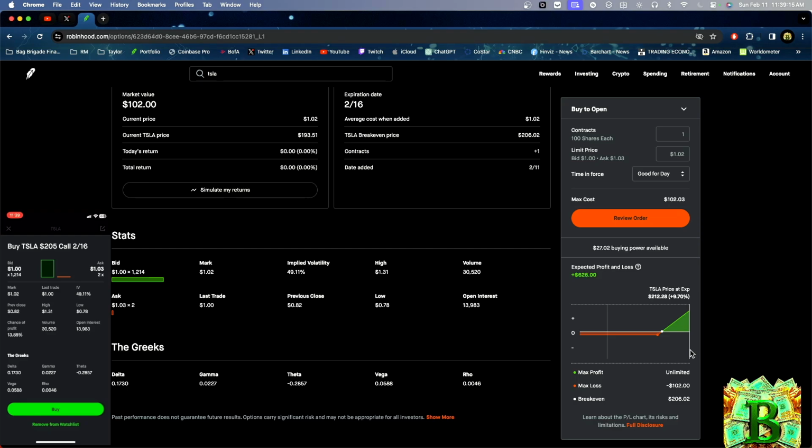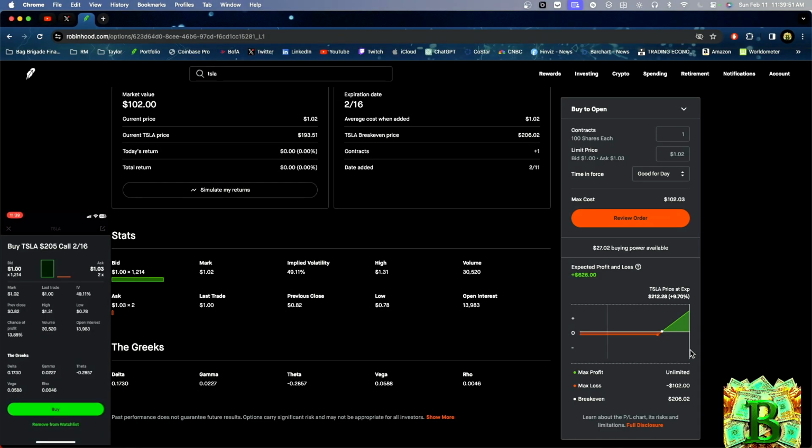For example, if a long call option has a gamma of, what's the gamma on this? 0.0227, and a delta of basically 0.17, and the underlying moves up $1, the option will then have a delta of 0.273.